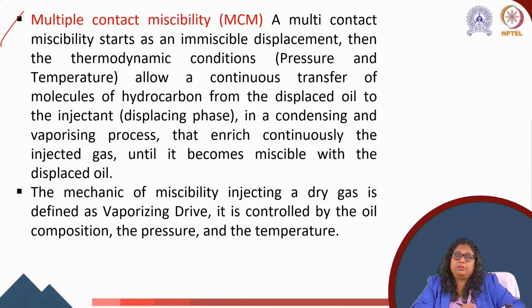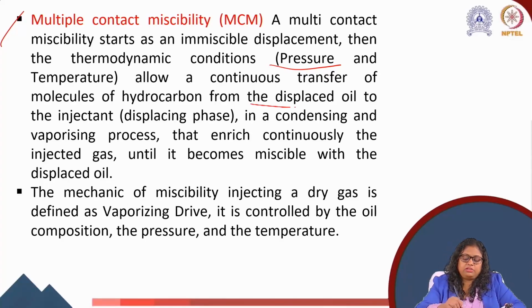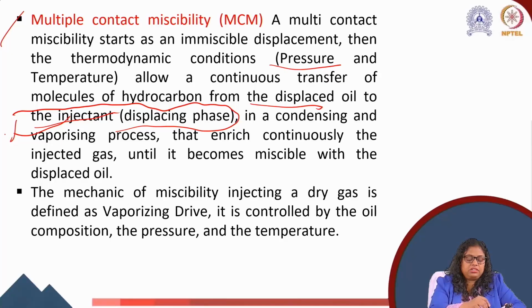Then the other miscible process we have here is multiple contact miscibility. Multiple contact miscibility starts as an immiscible displacement. Then the thermodynamic conditions, that is pressure and temperature, allow a continuous transfer of hydrocarbon molecules from the displaced oil to the injectant, that is your displacing phase. This injectant is lean gas and others, such as CO2, in a condensing and vaporizing process.